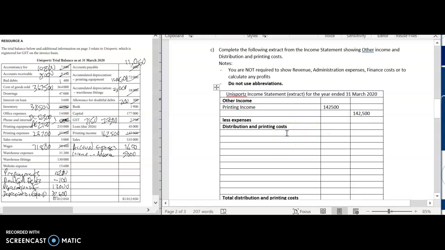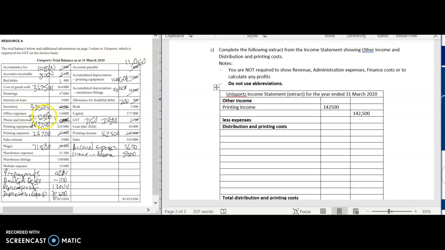Distribution and printing costs. Alright, these are expenses, so they're going to be on the debit side. So we're not after administrative costs like accountancy fees or bad debts or cost of goods sold. We're after anything that's about distributing, that's getting our printing to the customer, or printing. So going through, easy to cross these off, office expenses.